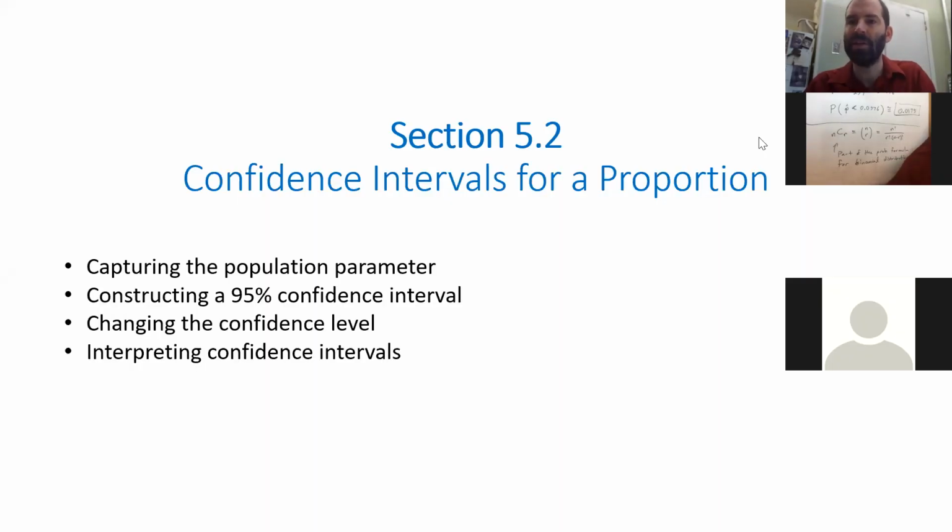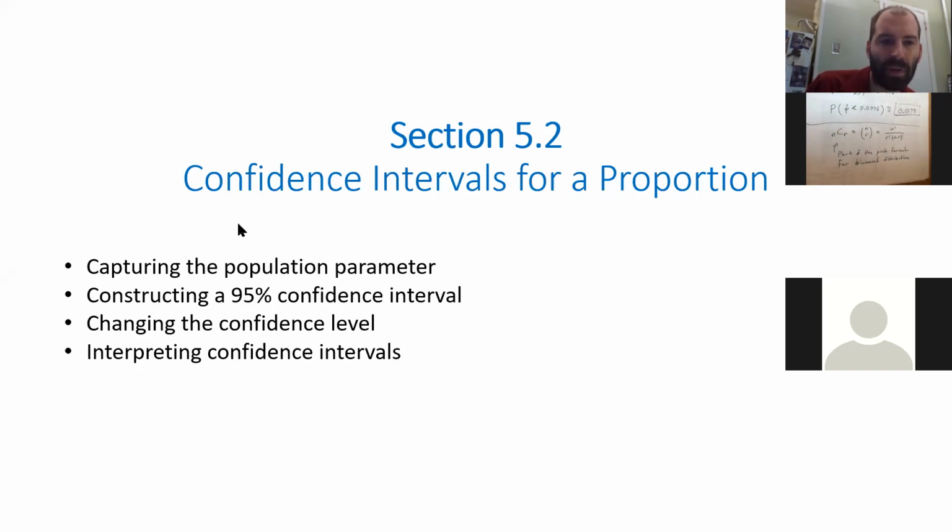Now that we totally understand the central limit theorem, we can use it to do some real statistical analyses. So in this section 5.2, we're talking about confidence intervals for a population proportion.